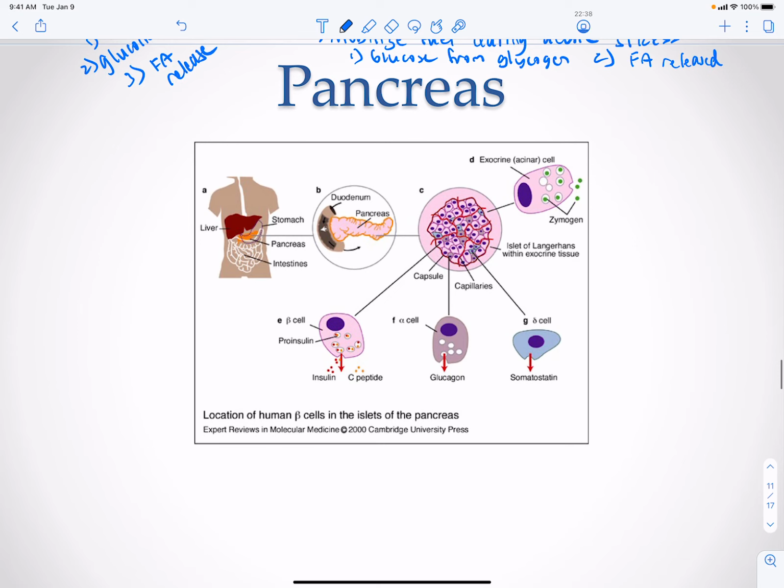All right, so now let's spend a little bit of time talking about your pancreas. So the pancreas is going to be a cluster of small glands. And they're going to have the islets of Langerhans scattered among the cells of the exocrine pancreas.